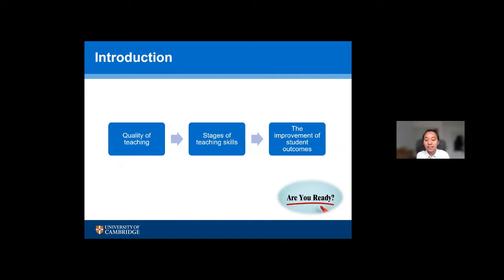So in this short presentation, I'm going to introduce the dynamic model, which could help schools establish groups of teaching skills. This is important since the dynamic model can provide us a framework of how teachers function and may broaden our view of what makes an effective teacher, with important implications for teacher training and professional development, which is related to the improvement of quality of teaching and student outcomes.